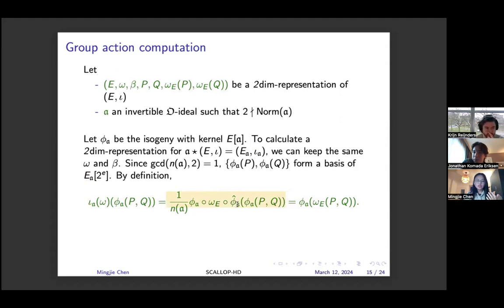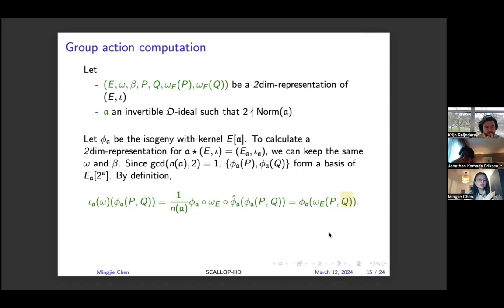Here we are really just writing down what iota A omega is by definition. So it's phi A composed with omega E composed with phi A hat, and then divided by the norm of this ideal A. And we can see that phi A hat and phi A cancel out. So the new 2D representation is simply obtained by evaluating phi A on omega E P and omega E Q.